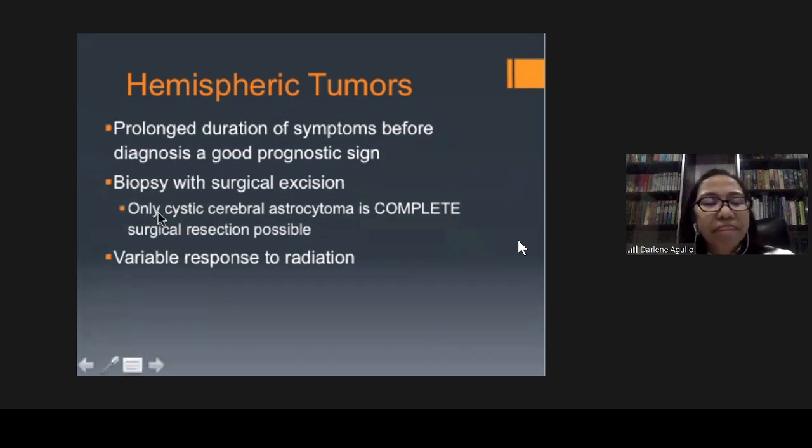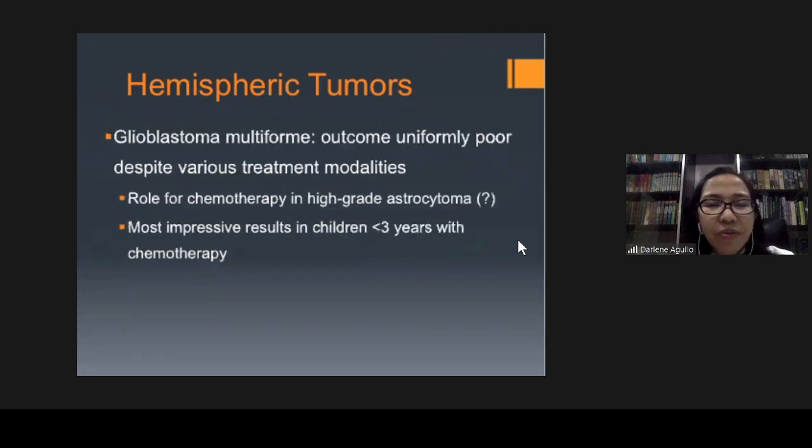But only the cystic type, cystic cerebral astrocytoma, is complete surgical resection possible. Kasi parang meron siyang capsule kung cystic. Kaya mas madaling i-excise kung cystic cerebral astro rather than the diffuse infiltrative type. Response to radiation, also variable.